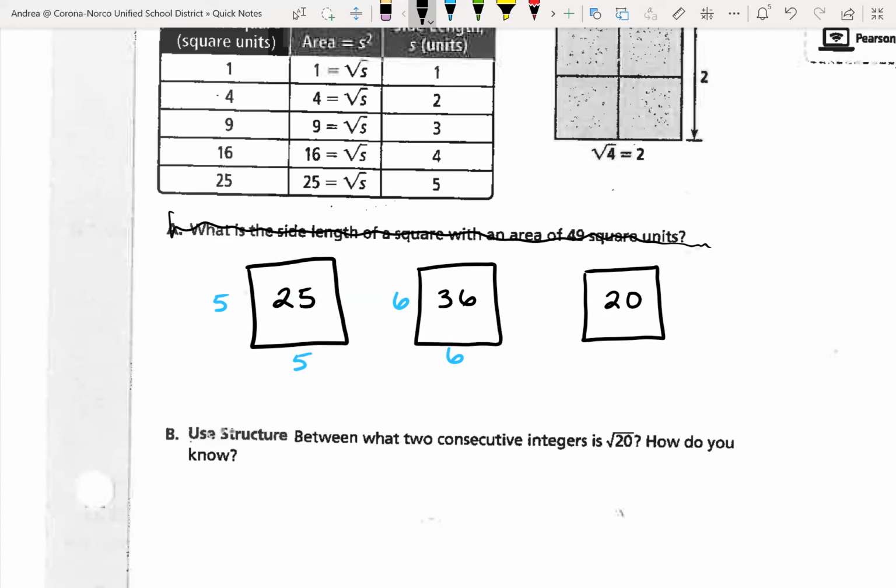Okay, we need a number times itself that gives me 20. Does that make sense? What times what gives me 20? That would be the square root of 20 and the square root of 20.